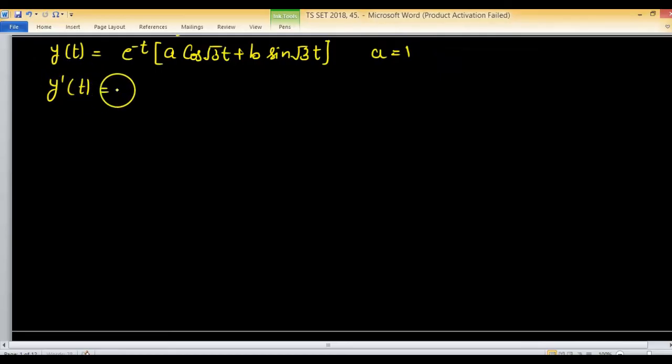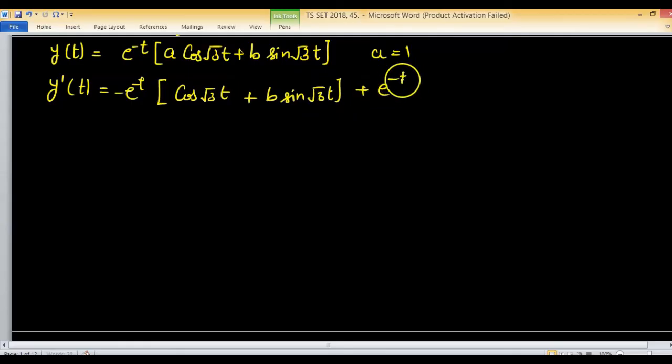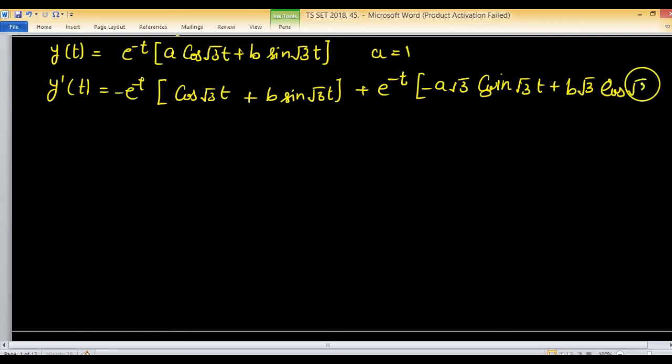Find y prime t. y prime t will be equal to minus e raised to the power minus t, cos root 3t plus b sine root 3t, bracket close, plus e raised to the power minus t, minus a root 3 sine root 3t plus b root 3 cos root 3t.